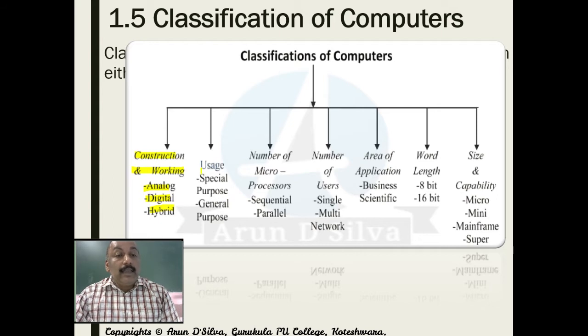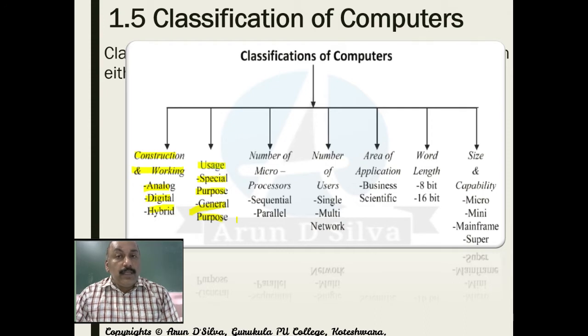The second way of classification is based on the usage, how the computer will be used. Mainly they have classified into 2 groups: one is special purpose and the other is general purpose. You might know that the computer at your home is general purpose.